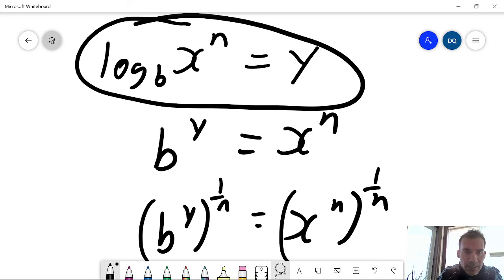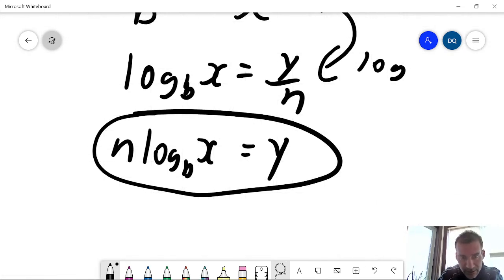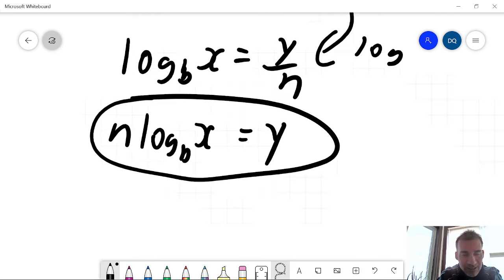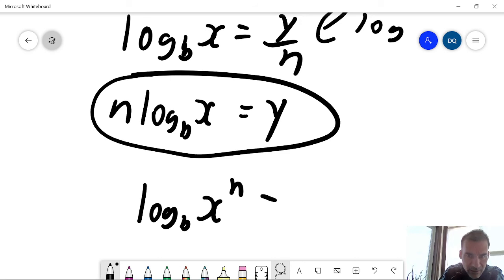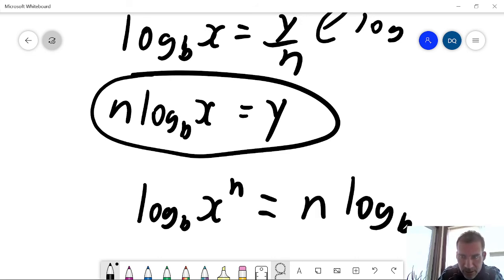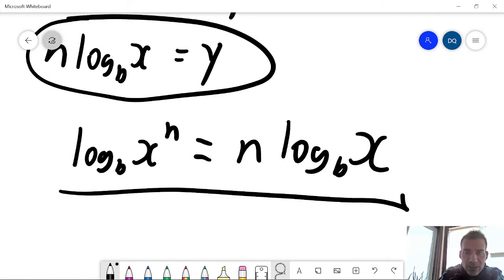If y is the base b log of x to the n, and y is n times the base b log of x, then, since y must be equal to y, the base b log of x to the n must be equal to n times the base b log of x. That's the proof of the power law. That's why it works.